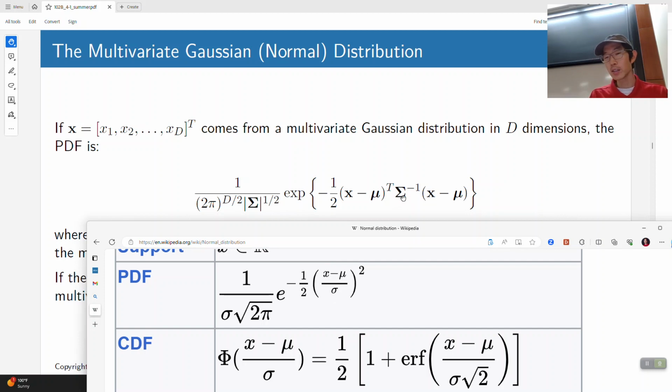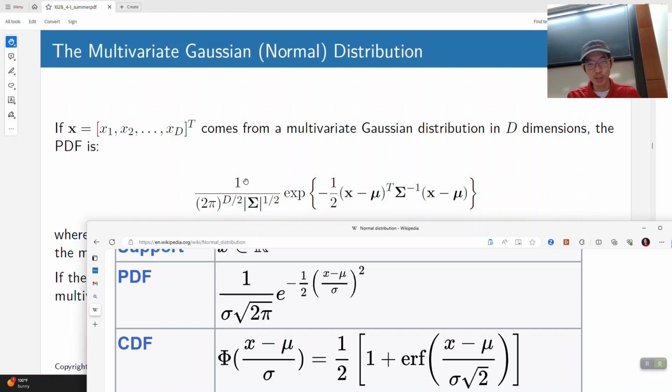In the multivariate case, sigma is the covariance matrix, and we multiply by its inverse. In matrices there's no division, but multiplying by an inverse is similar to dividing. Not quite, but there is a mathematical parallel there.